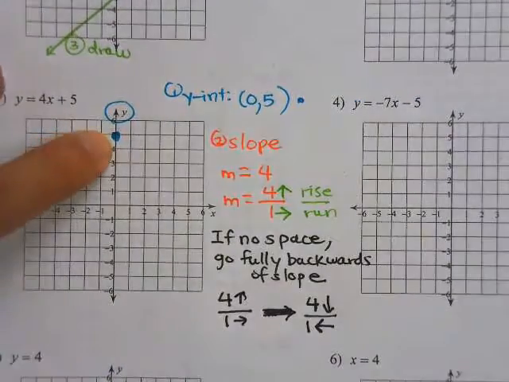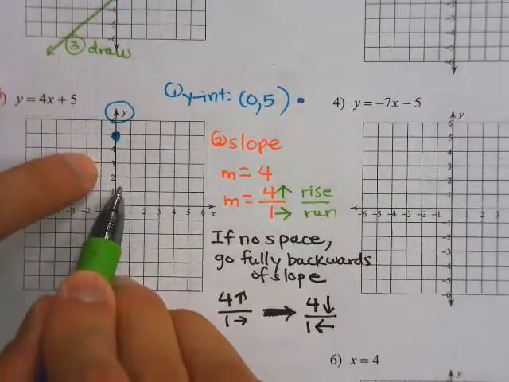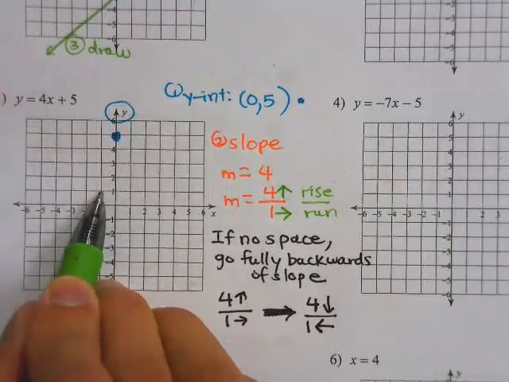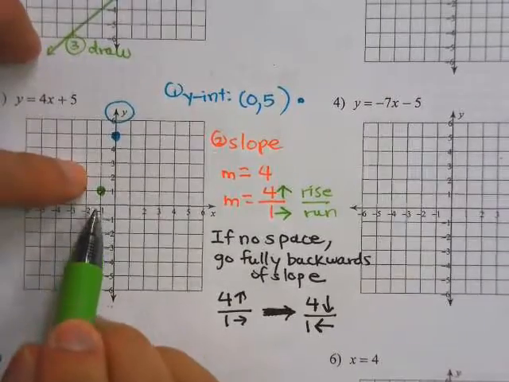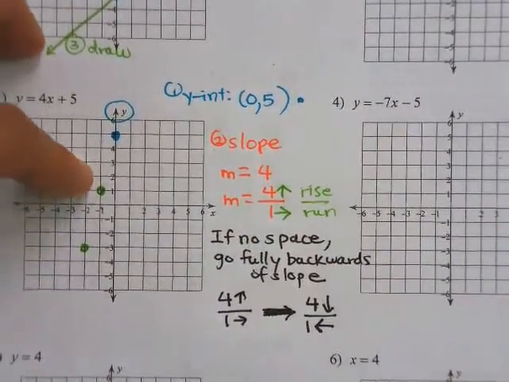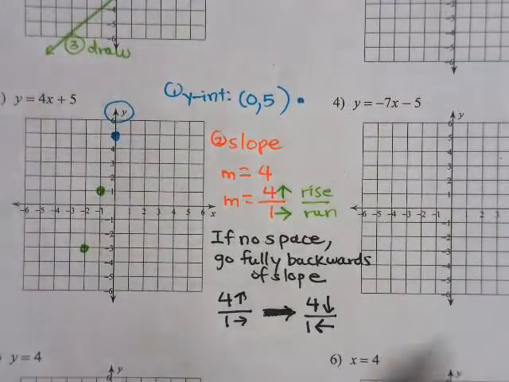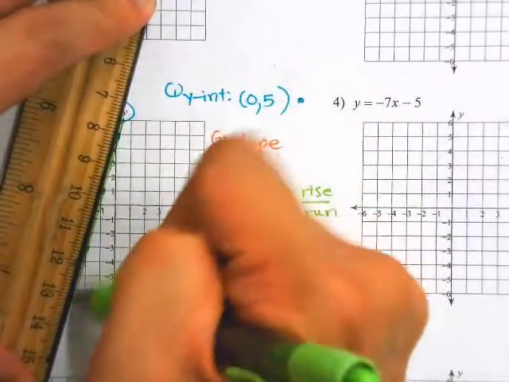So start on the y-intercept. 1, 2, 3, 4, 1. And I think we have room to do it one more time. 1, 2, 3, 4, 1. There we go. And we have an increasing positive line.